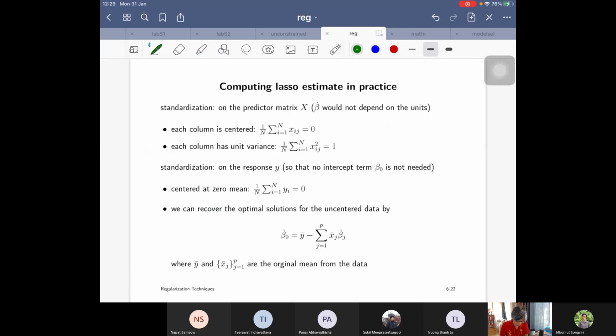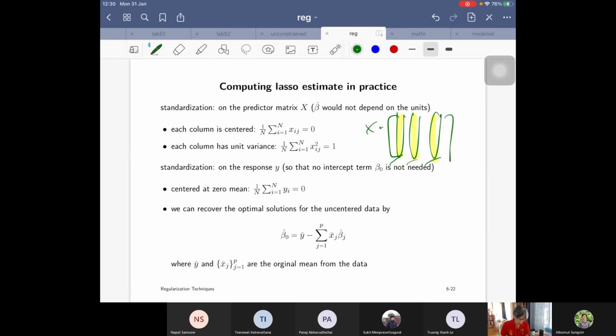Probably I can mention this real quick, that in practice, for many predictors, you have a regressor matrix. What you do is center each predictor at 0, basically remove the mean, and each column has unit variance.